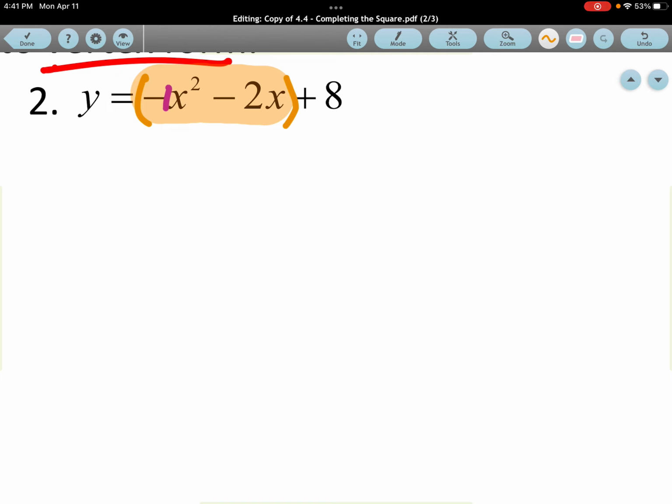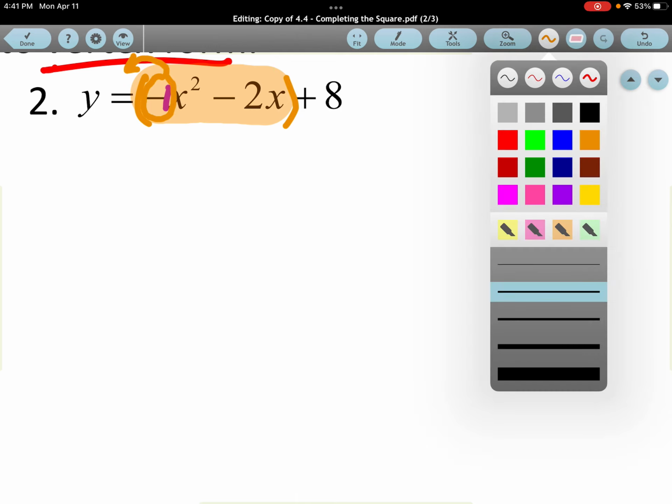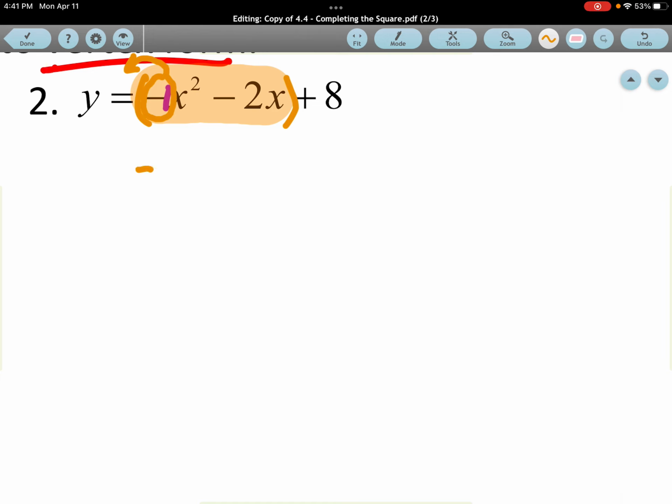Okay, additional step. If there's a number in front of the x squared, make sure that you kick it out. And so when I say kick it out, I mean take it out as a common factor. So -1 is going to be outside of the brackets. Common factor means that you're going to divide each of the things in the brackets by the -1. Don't take an x out.